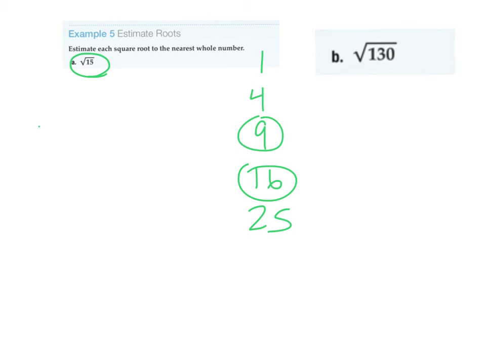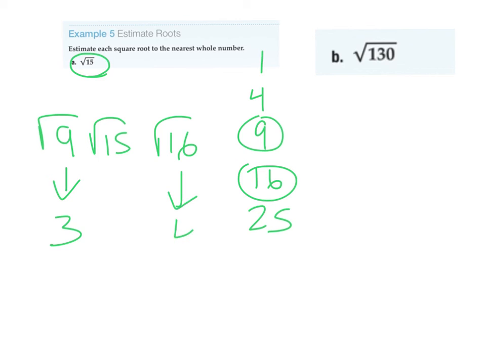So if I go to the square root of 9, square root of 15, and the square root of 16, and the square root of 9 is actually 3, square root of 16 is 4, then I know this is somewhere between 3 and 4. 3 point something. And I'll just estimate, since it's close to 16, I'll say 3.7.